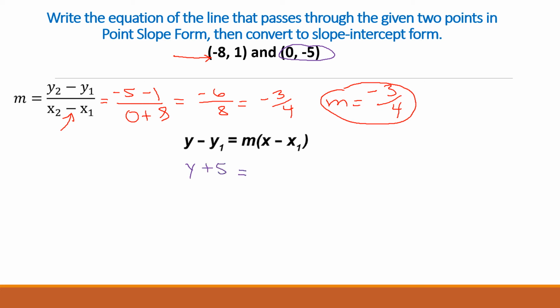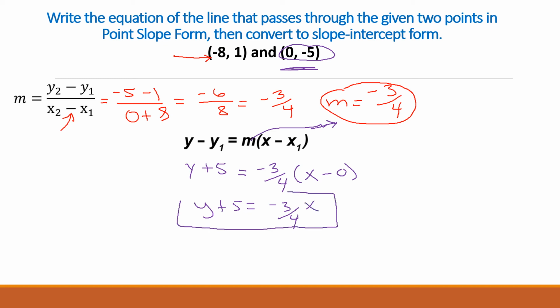Plugging in my slope, which is negative 3/4. Bring down that x, and my x value that I'm using is 0. I really don't need the 0, so I'm just going to rewrite that. Actually, point slope form, I could leave it this way, but to make it a little more simple, if I distribute the 3/4 through, it would just look like this.